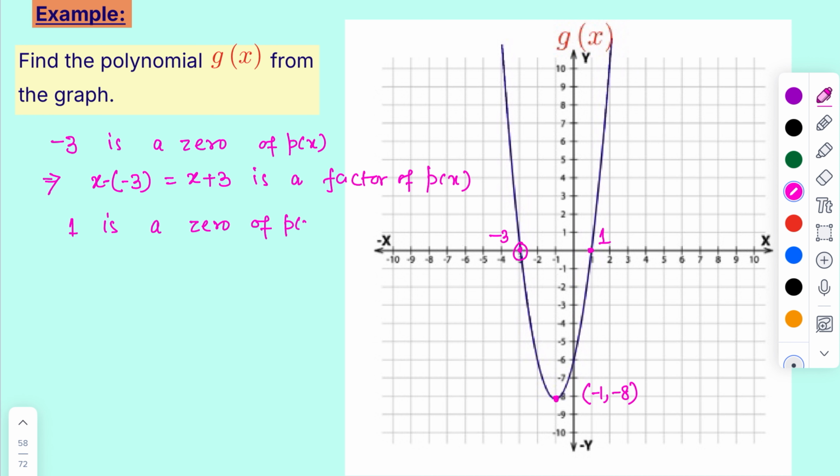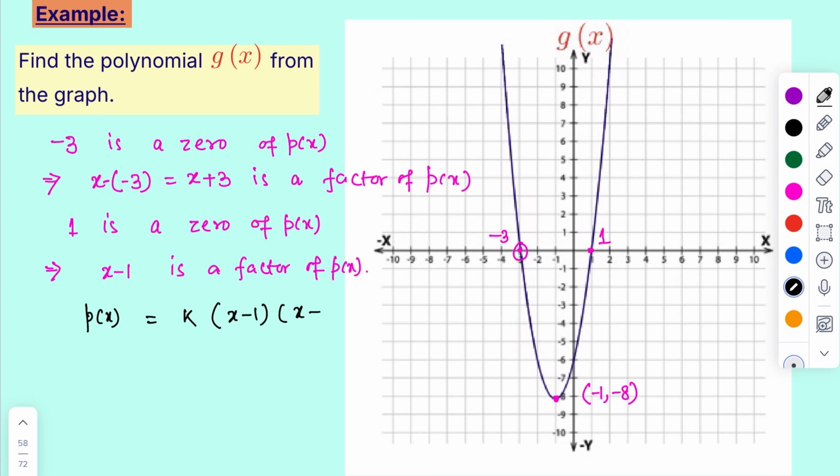Now similarly, 1 is a zero of p of x, that means x minus 1 is a factor of p of x.